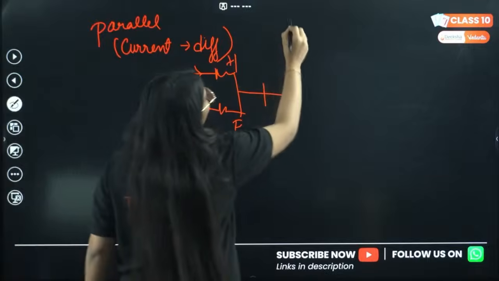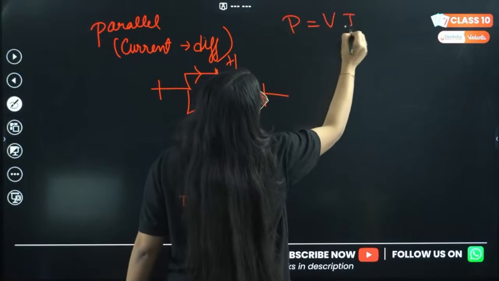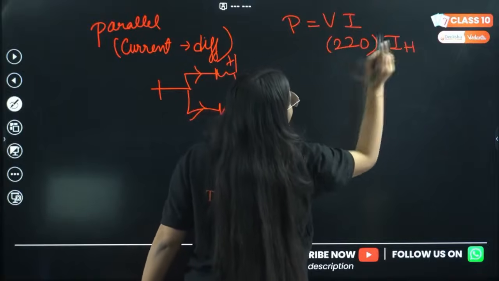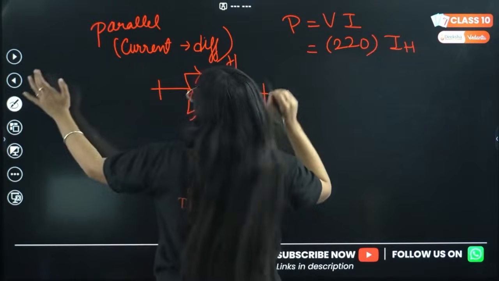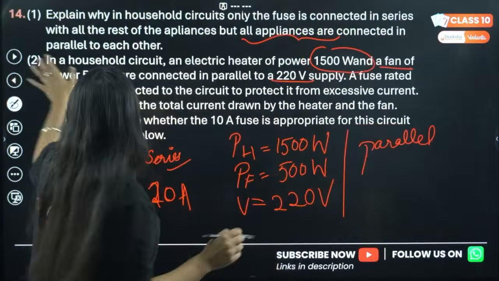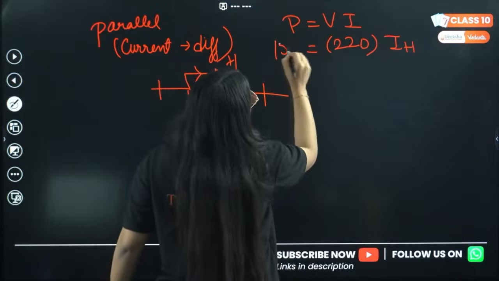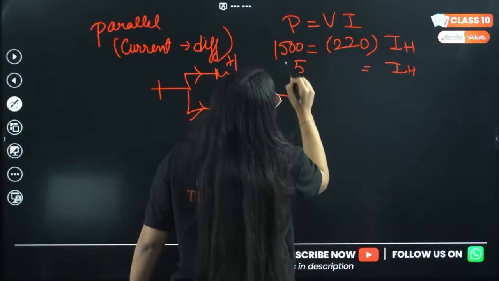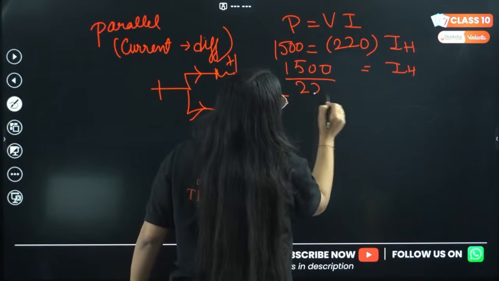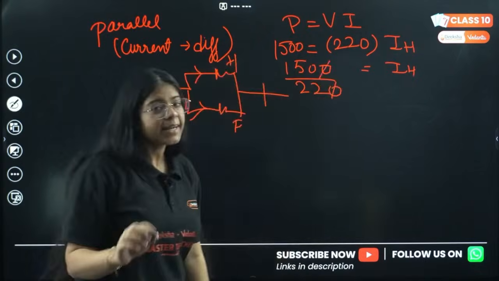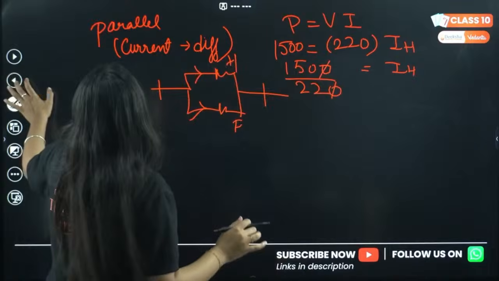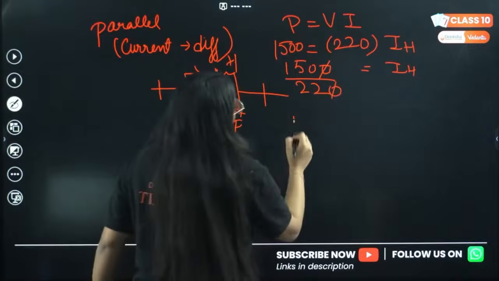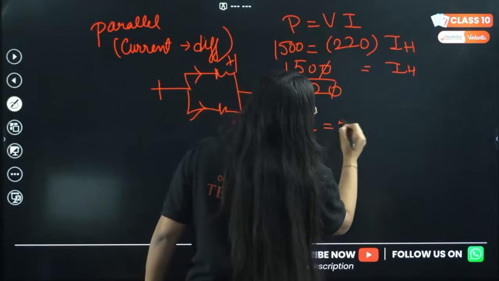So I know the formula, P equals V into I. My voltage is 220 volt, this is I of heater, and the power for the heater was 1500 watt. So the current of the heater will be 1500 divided by 220. Then the power for the fan is given as 500 watt.